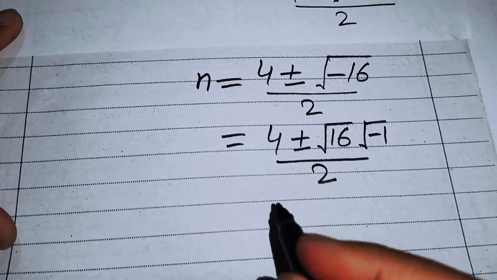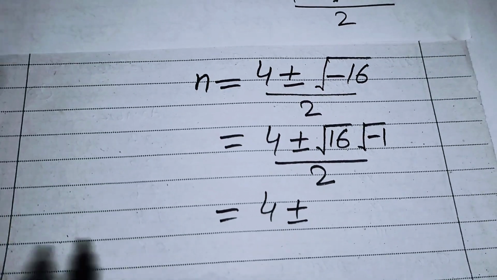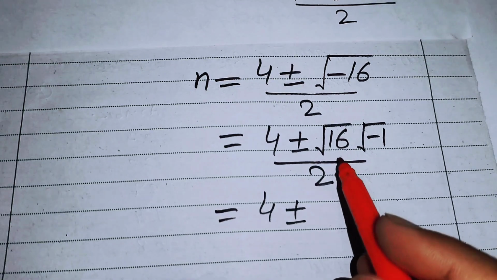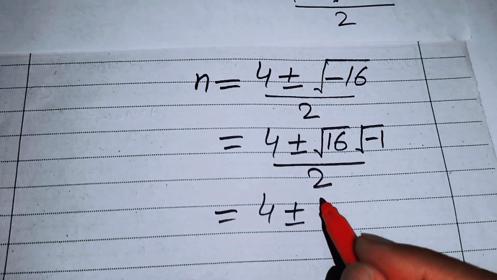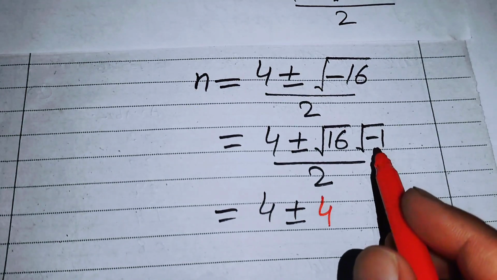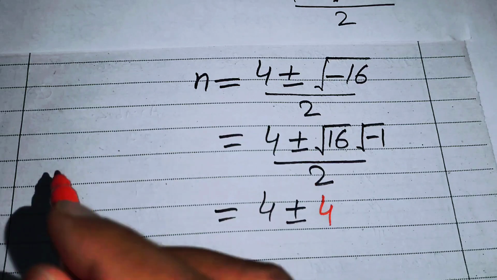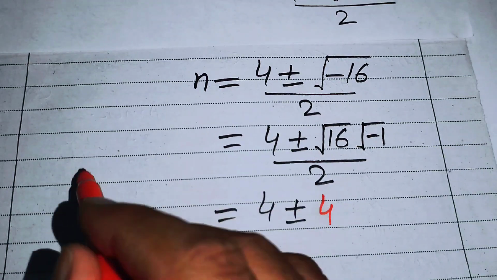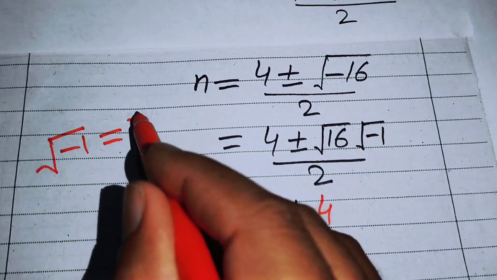And finally you can see that we have 4 plus minus, you know that the square root of 16 is equal to 4, and when the negative sign comes under the square root, then you will write the square root of minus 1 is equal to iota.